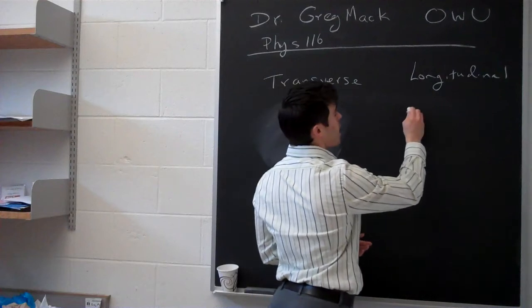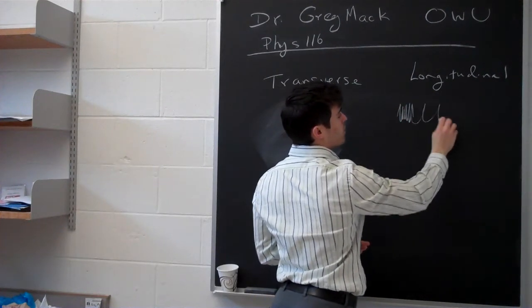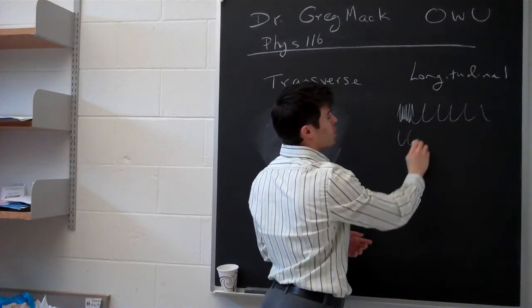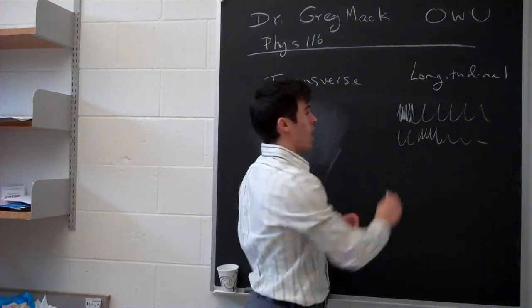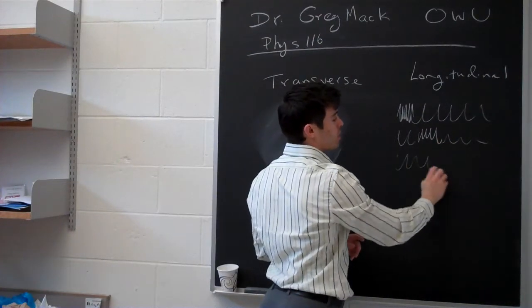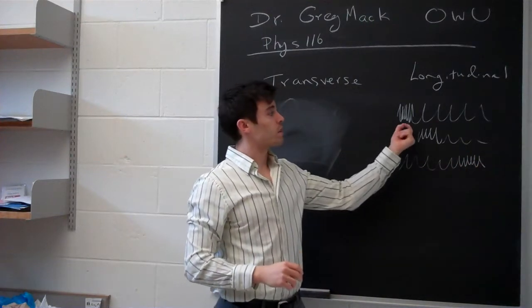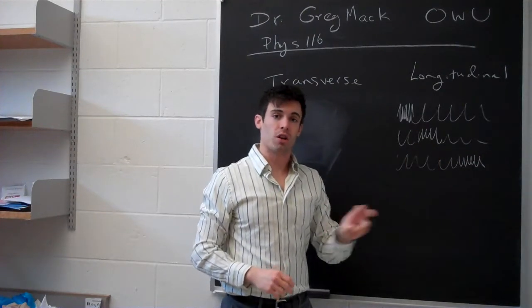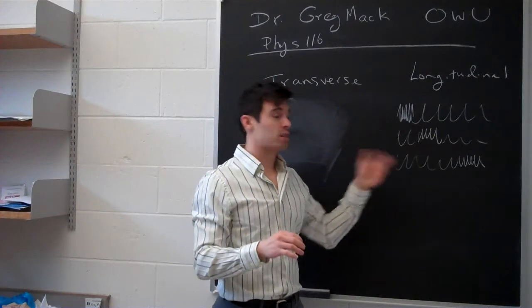But you end up with, say, a spring that is more compressed here, you have the lesser part of it that's more stretched out here, and then that compressed region will travel down the spring as the wave moves down. Okay, so this compression will travel down, leaving regions of rarefaction, which are regions that are more spread out. But those are going to be two differences between these types of waves.